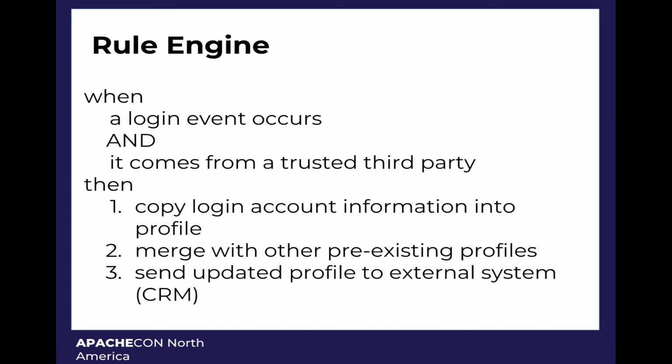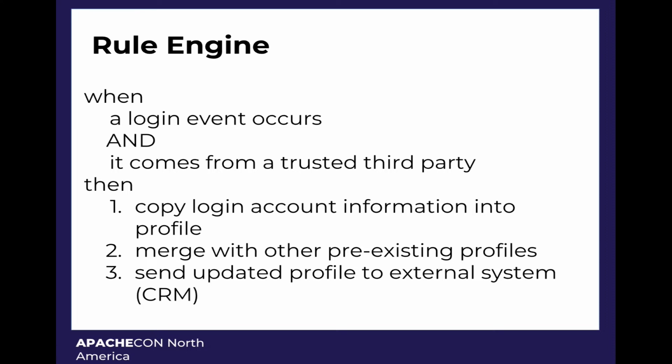Another more complex example, which is one of the first cases you have very quickly when you start integrating Unomi, is the login. Basically, when a login event occurs and it comes from a trusted third party, then we will start doing some actions. The first one would be to copy login information into the profile.